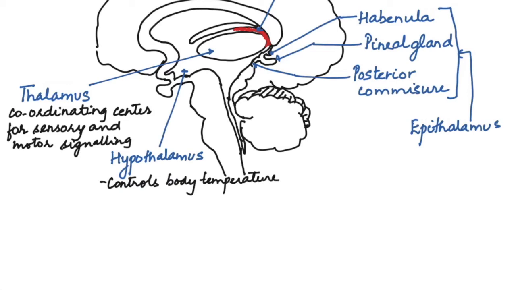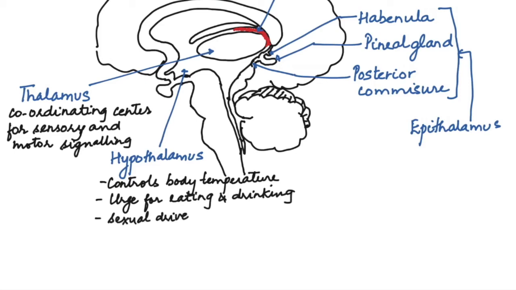Below the thalamus and above the pituitary is located the hypothalamus. The hypothalamus controls the body temperature. It is also called the thermostat. It also controls the urge of eating and drinking.